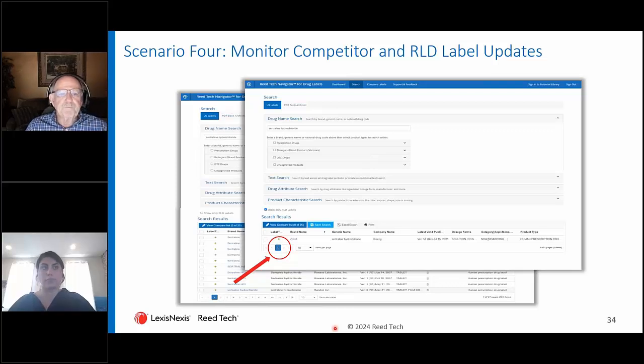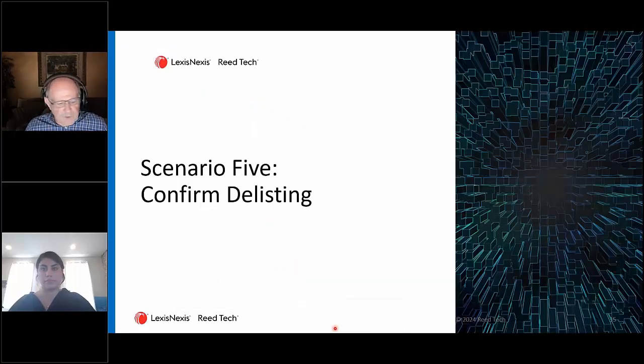Mm-hmm. All right, so that brings us on to the fifth scenario. We've worked our way through the whole life cycle of this particular product, the various phases from concept through development, keeping an eye on the market, the post-market surveillance, and now let's say we're at the point where we need to no longer market this drug.